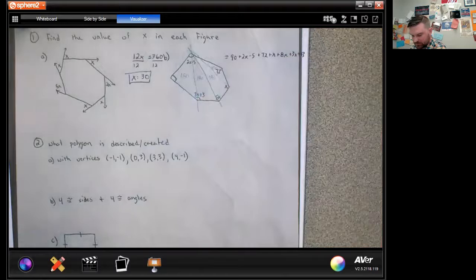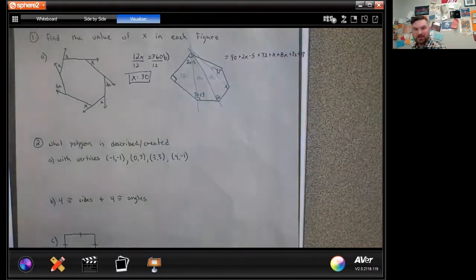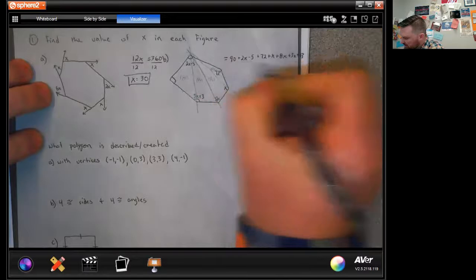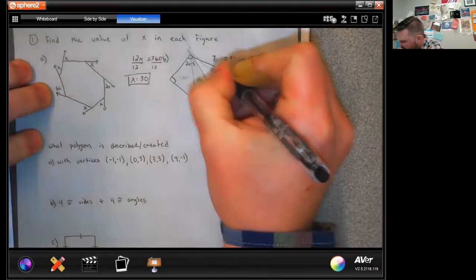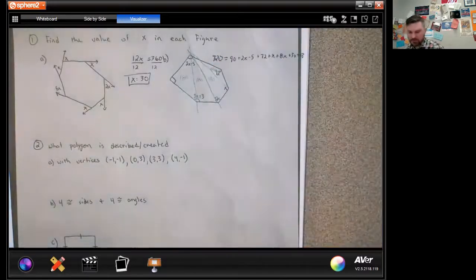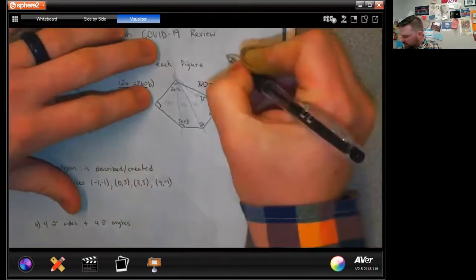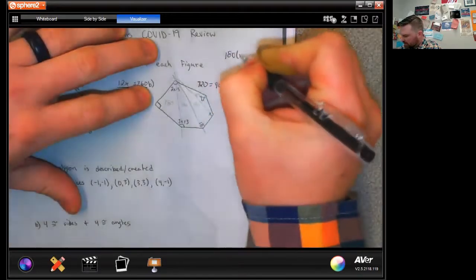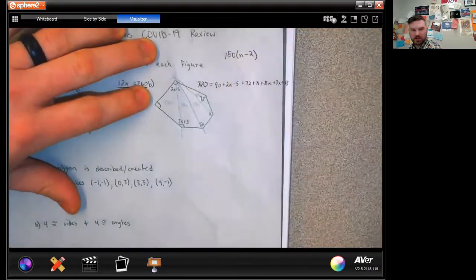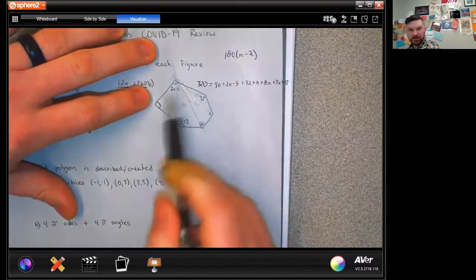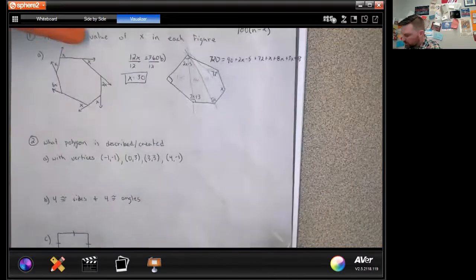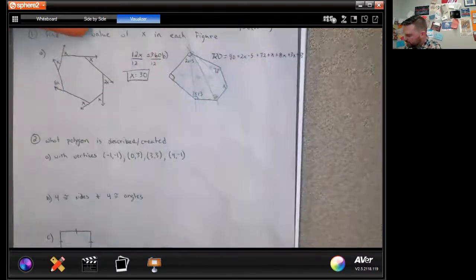So in this case, I'm going to take 4 times 180, and I get 720. So whatever this is, it must equal 720. There was also a formula that we had for that, which was 180 times (n minus 2). That would give you the sum of all the angles. So I'm going to set it equal to 720.